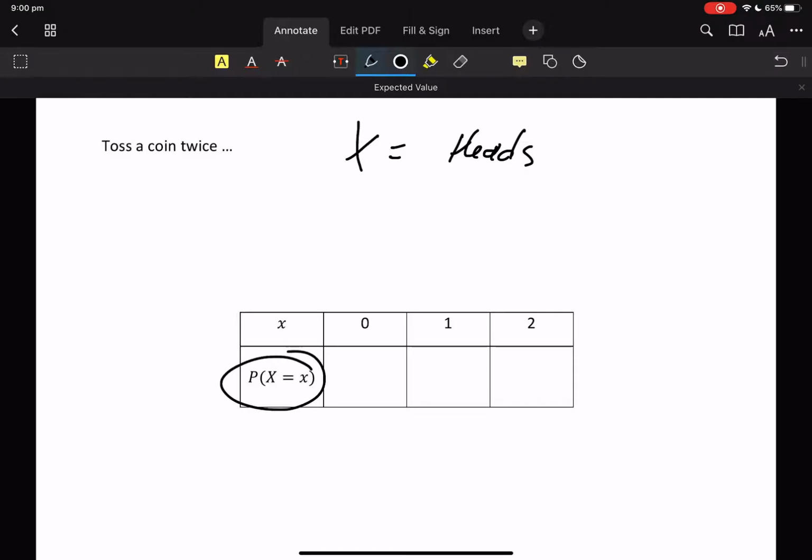So this P of big X equals little x. In here, it's the probability I get 0 heads, because that's the X. That big X is heads. So this stands for 0 heads. I could get 1 head, or I could get 2 heads. So how do I work out, if I'm tossing a coin twice, how many heads I'm going to get? Well, that's going to be a two-way table.